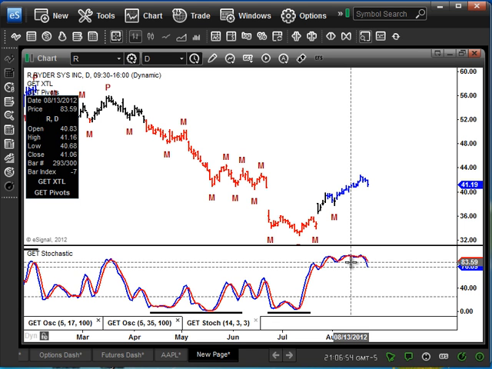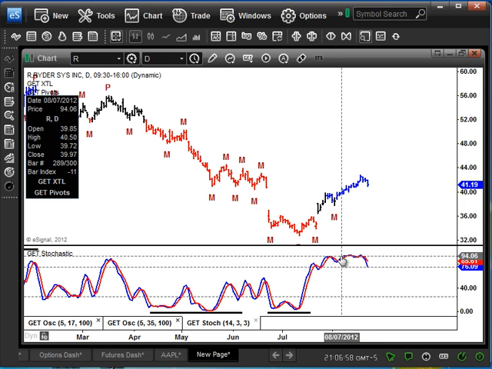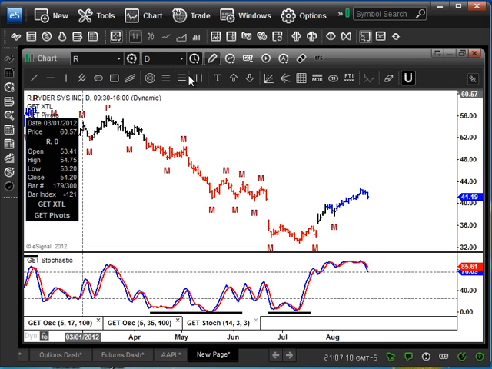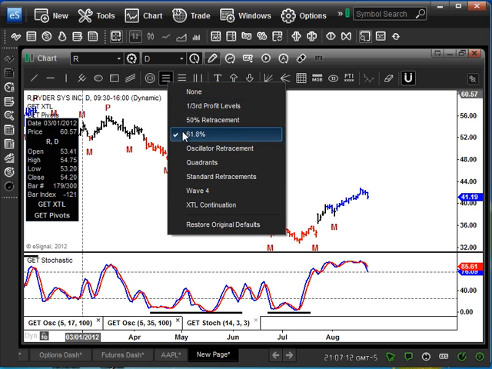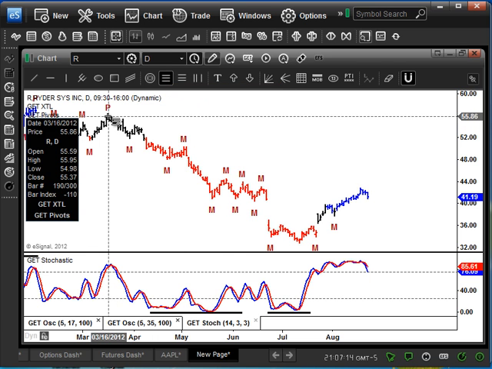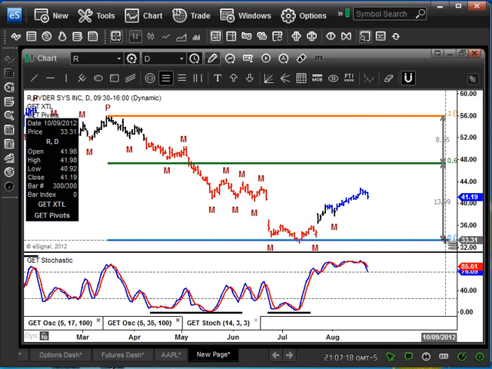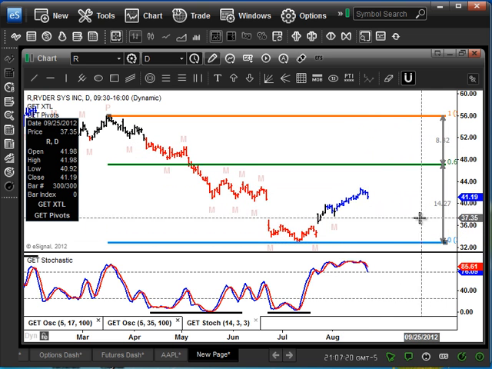The second thing I would look for is a failure of the 62% level. This goes right into the Elliott logic. A wave 4 typically does not retrace more than 62%, or the trend reverses. We're going to treat it the same way. You've got a nice 62% level still being held. I'll draw it in from this primary pivot back here in March, and here is my 62% level on this market.